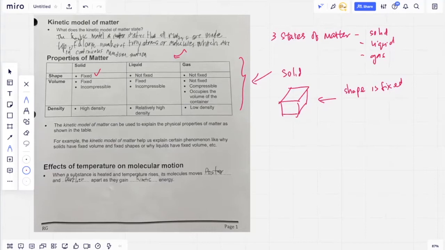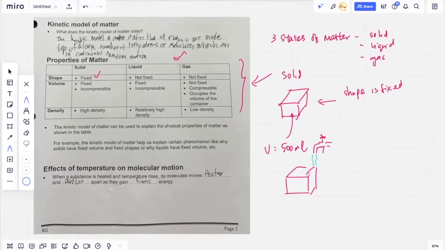Then the volume, say this is 500 ml. If I put this under a tap and run water through it, I pour water inside. The volume of water that will fit into this cube will be 500 ml.